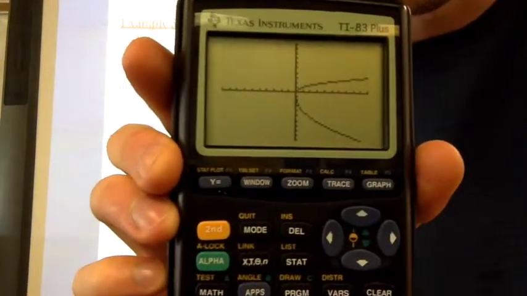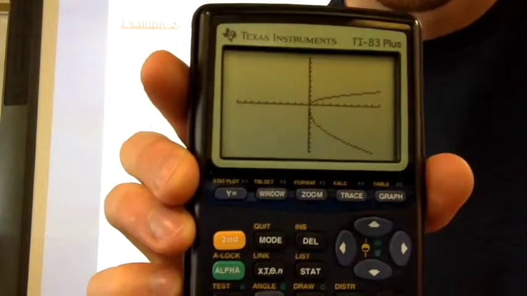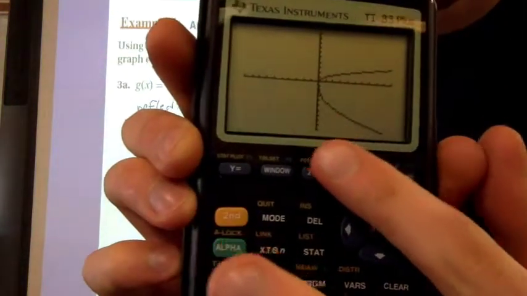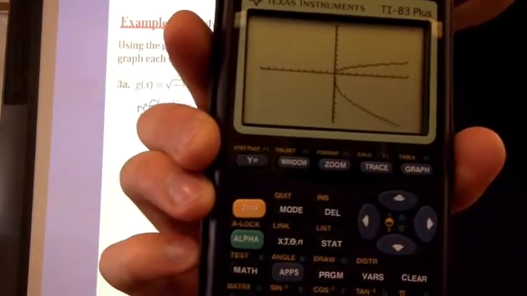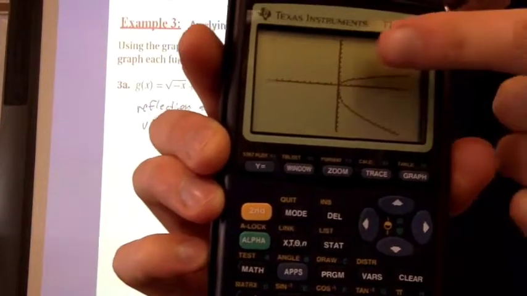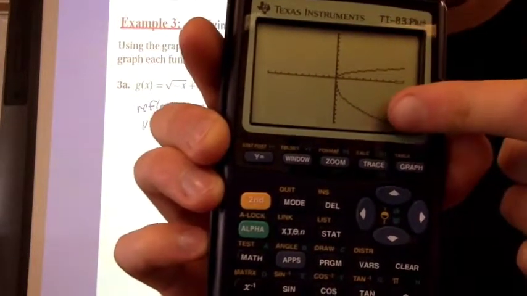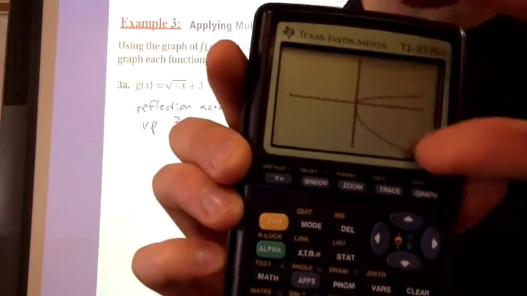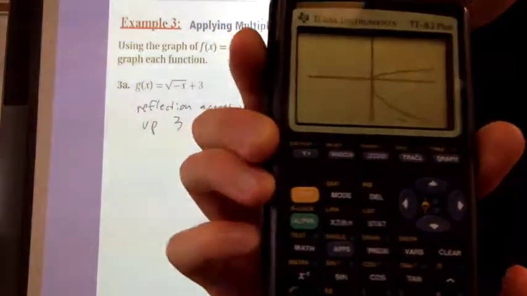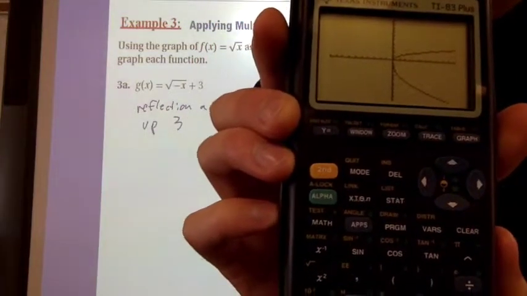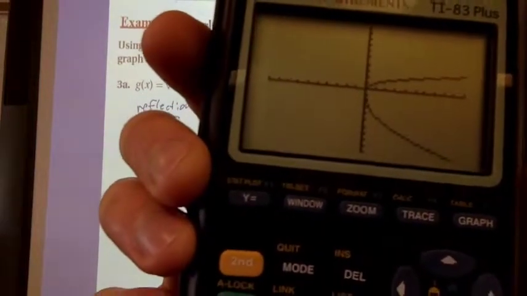That's square root of x, and this one is g of x, which you can see that it's reflected across the x-axis, it's stretched by a factor of 3, and it's shifted down 1. All right.